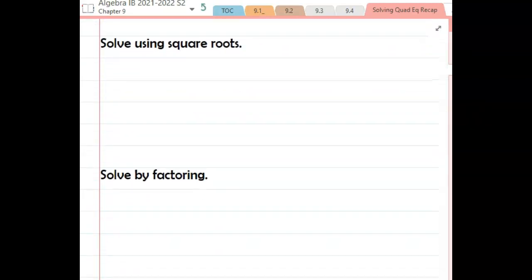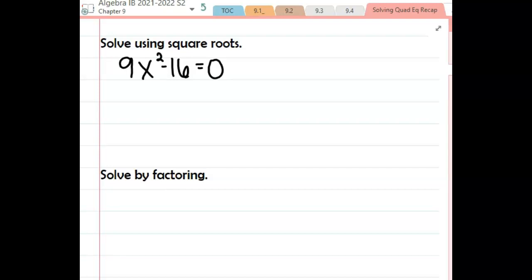Okay, the square root method. So this is the one that I told you guys, if you can solve by the square root method, you definitely want to. So let's say we have 9x squared minus 16 equals 0.